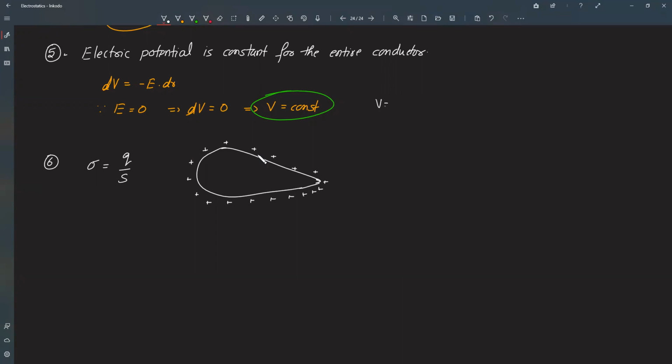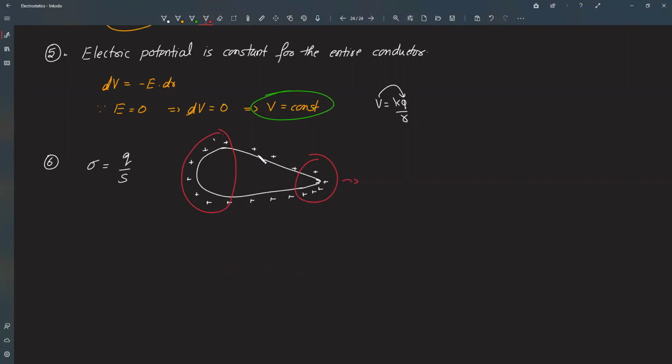And potential is what? Potential is kq divided by r. That means potential is directly proportional to q. So here charge has to be less, as you can see here, right? Here charge has to be less and here charge has to be more, right?